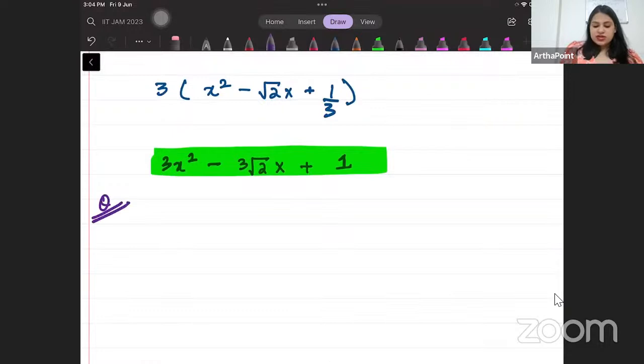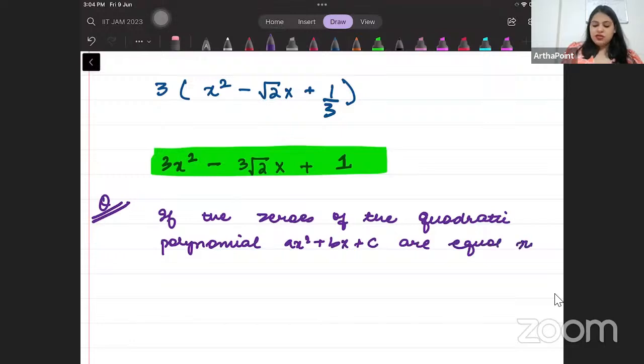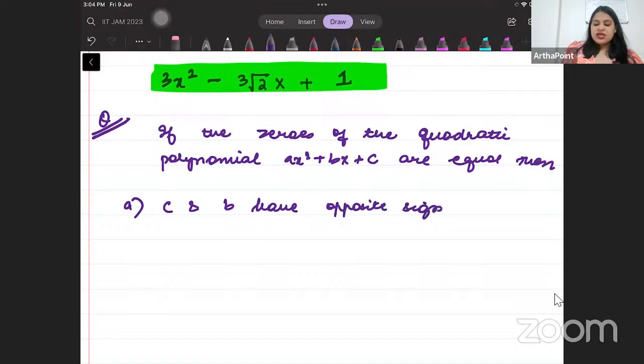So the question is that if the zeros of the quadratic polynomial ax square plus bx plus c are equal, then first, c and b have opposite sign. Second, c and a have opposite sign.